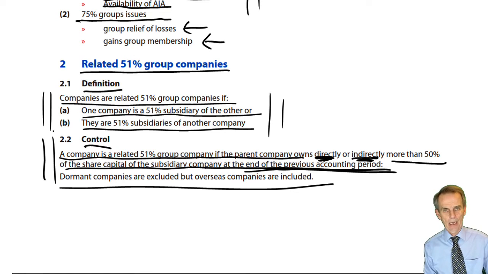I would like you to establish how many related 51% group companies there are, and what does that mean then in the context of the profit limit that you will use for each company. And why do we care about the profit limit? Well, you need to answer that. Therefore, why do we care? What does it mean?